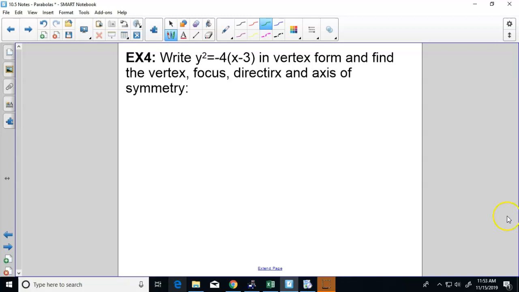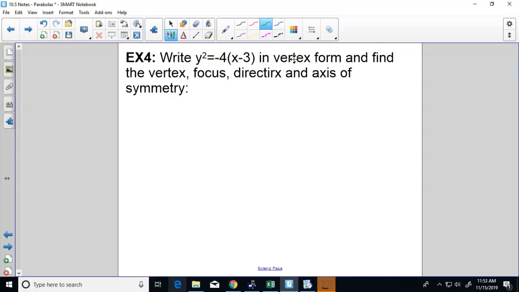This one's confusing because it's kind of solved for y, but the y is also squared. So you're looking at what's squared. If the y is squared, that means we need to solve this for x. So this one is going to open either to the left or to the right.